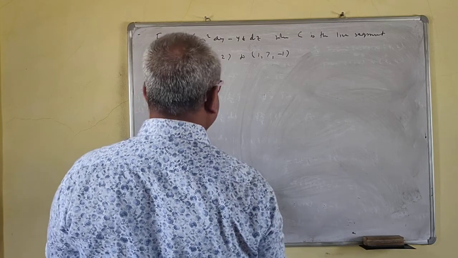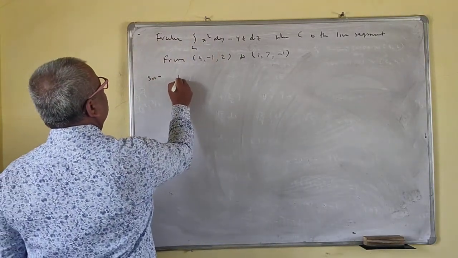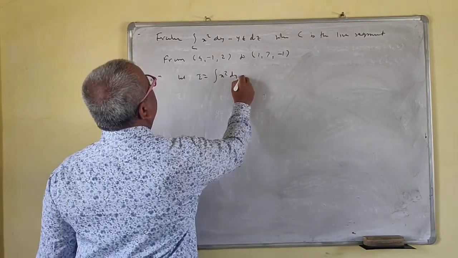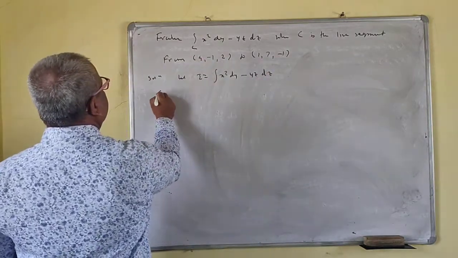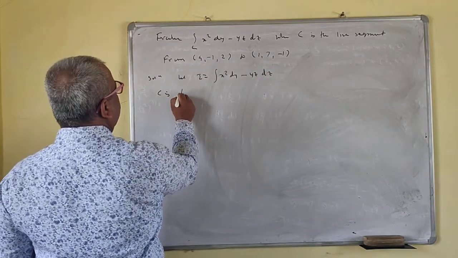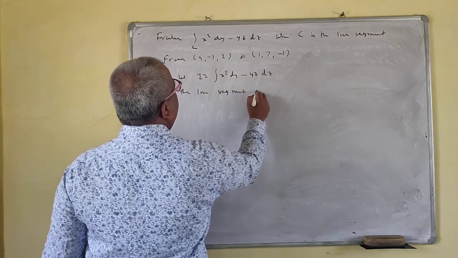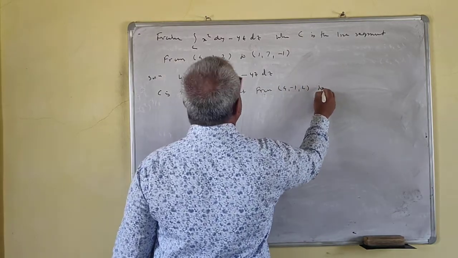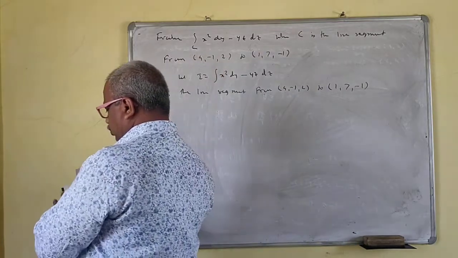Okay, solution. Let I is equal to integration x square dy minus yz dz. Okay, C is the line segment from 4 minus 1 2 to 1 7 minus 1.